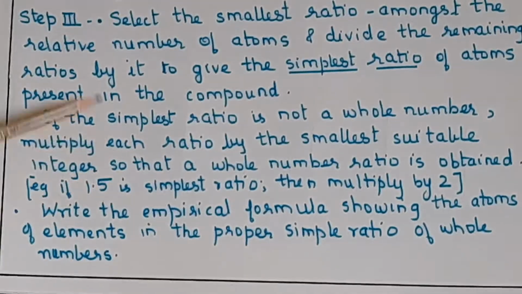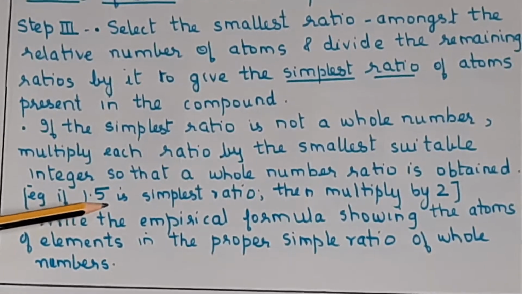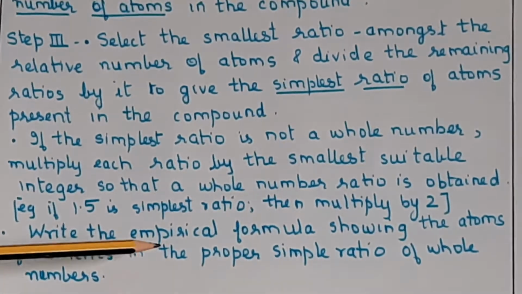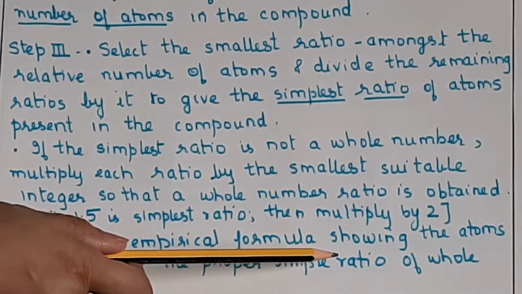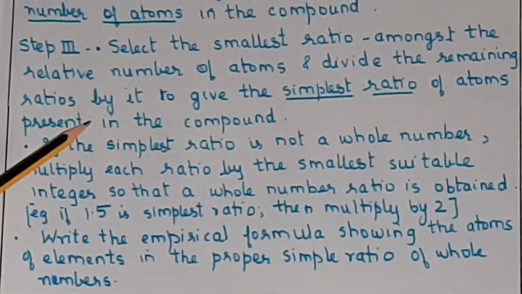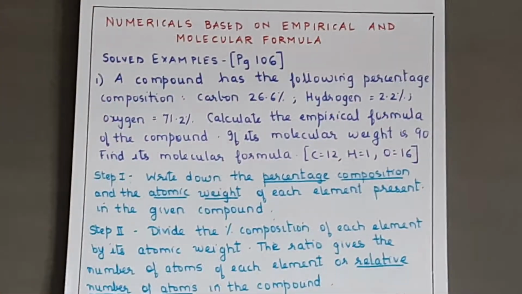Okay. Now once you get the simplest whole number ratio, you are going to write the empirical formula showing the atoms of the elements in that particular ratio. Okay, just understand these steps. When we solve the sum, it will be very clear. Okay, so just note down these steps.